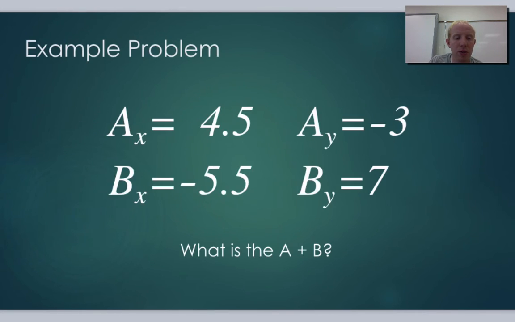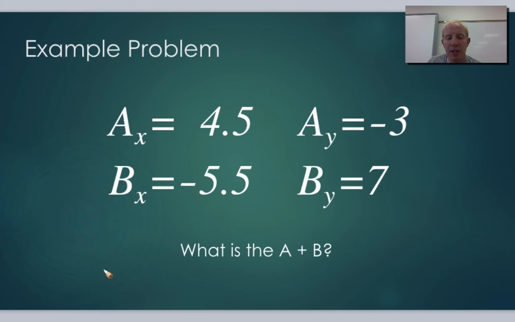For example, if a sub x, the x component of vector a, is 4.5, a sub y is -3, and another vector b has an x component of -5.5 and a y component of 7, and I'm trying to find a plus b, it's really easy. I just add the x and y components together.